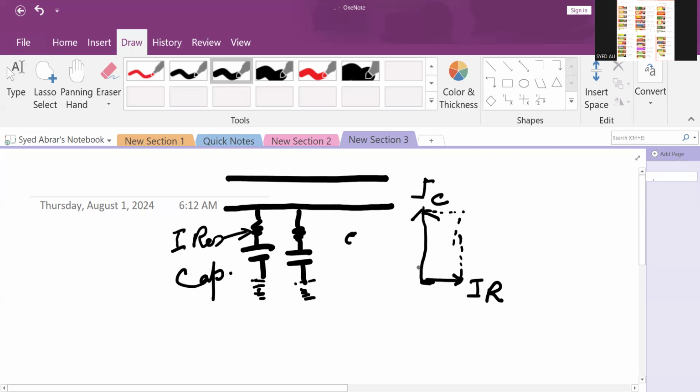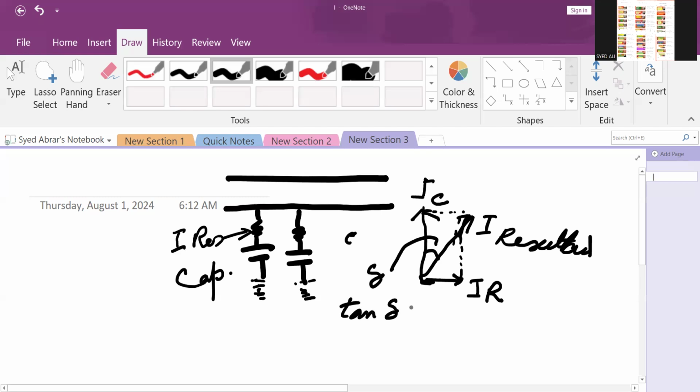This is the resultant I. Now, this angle between the resultant and IC is known as delta. And the tangent of this angle, tangent delta, should be very, very small, should be less than, say, 0.01, something like this.